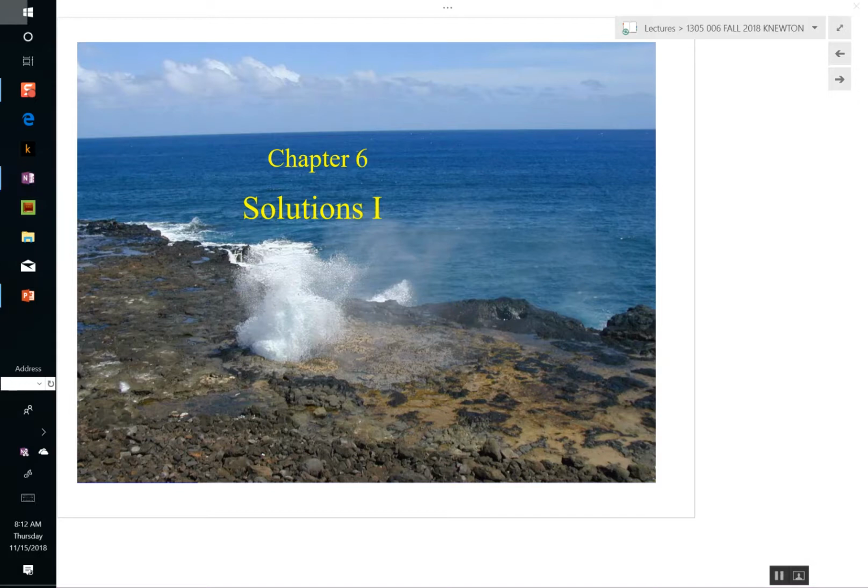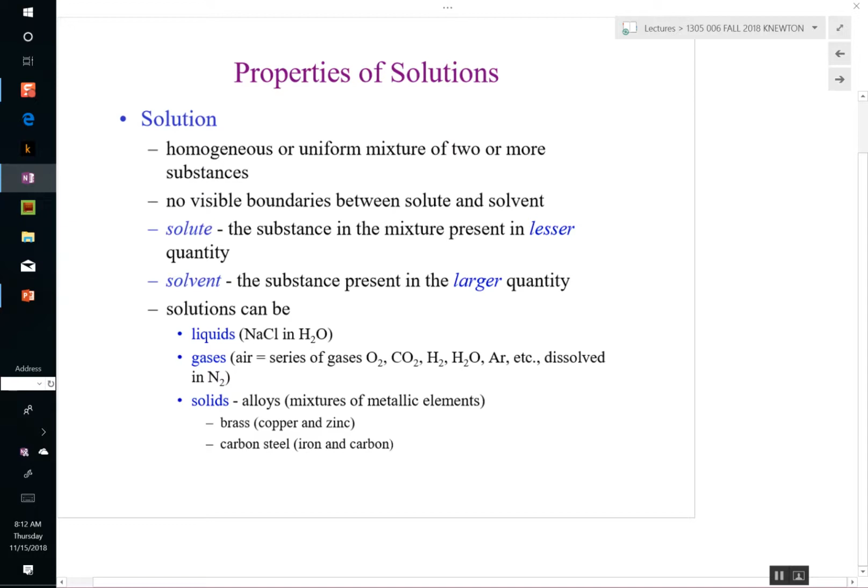All right, solutions. So let's work through some of these relatively quickly. Just to get solutions, we talk about a solute and a solvent. All right, now you're used to thinking about this with regards to water. Water is the solvent for a lot of things. Your blood system uses water. It's the solvent. It's the medium.